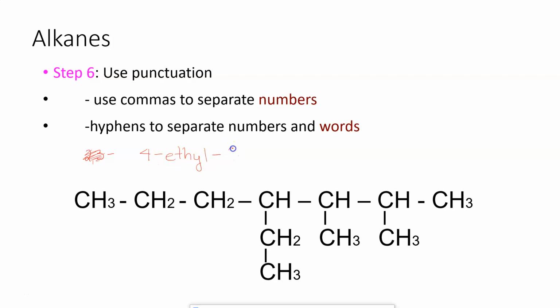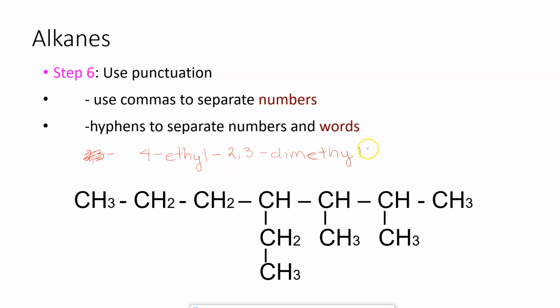Then the next is my two numbers representing the two methyls, right? So a hyphen here because this is a word and this is a number. A hyphen here because this is a number and this is a word. But between my numbers, I have a comma, all right?